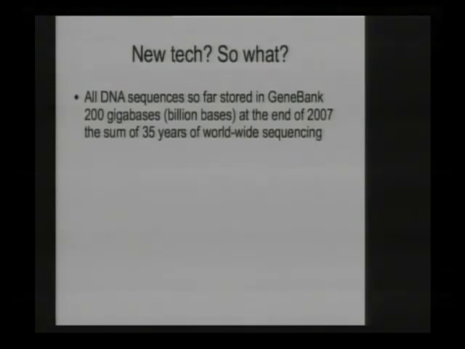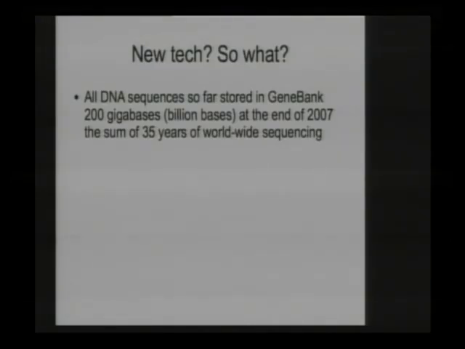So there's human, there's mouse, there's some fish, there's bacteria, there's yeast, there's everything. They were all sequenced with the old technology. And this amounts to 200 gigabases or billion bases that are in this database. This is the entire sum of human knowledge about sequences in organisms.